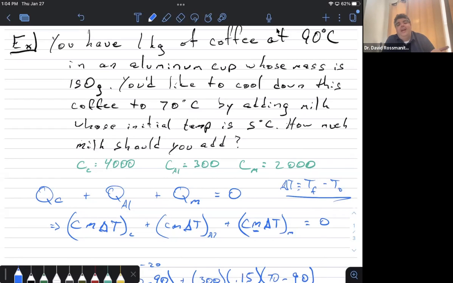Here you say, okay, let the cup start at the same temperature as the coffee, and it's only the milk which starts at a different temperature. You can always assume that for all of our problems, unless it's stated otherwise. If I give you a temperature in the problem, then you use the temperature that's in the problem. But if it's not given, then you can just assume, oh, I had hot liquid in a metal container, and that container heated up to the same temperature as the liquid.